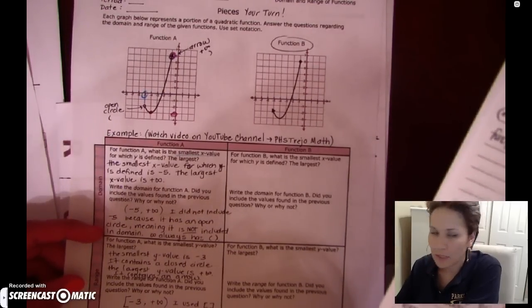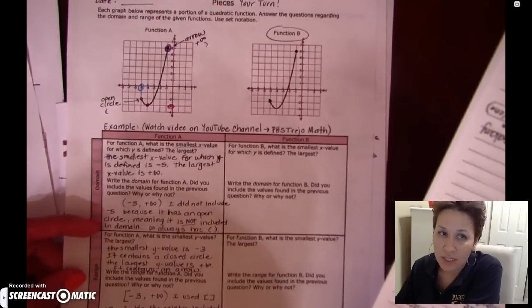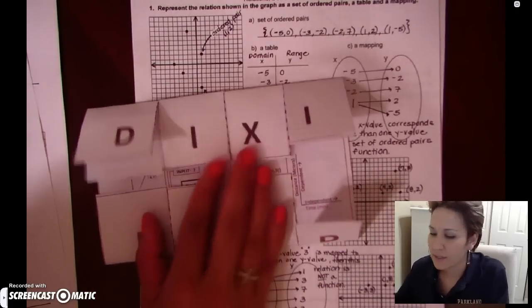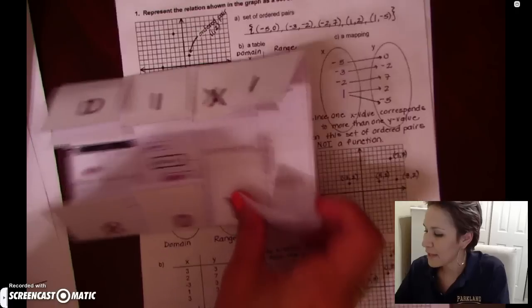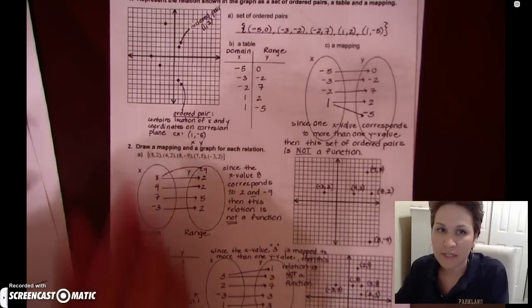Then I also asked you to watch a video on domain and range. You did a foldable on Dixie and Royd, which I had the story all wrong, so I'll have to retell it to you. And then today you guys did stations.